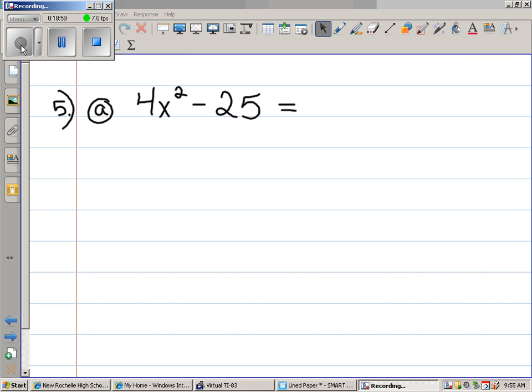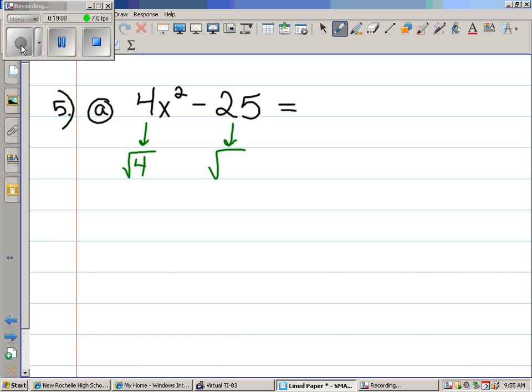The next thing you want to check is if you can take a square root of this number and the square root of this number, and they come out nice. It's called a DOTS. This is the difference of 2 squares. The difference of 2 squares always has a common pattern. You saw an example of it earlier.